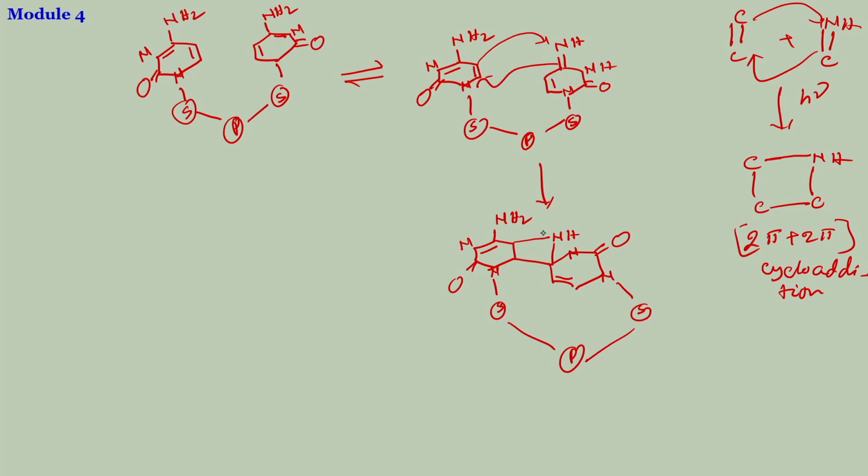All right, this should be NH. So, this intermediate for the thymine dimer, we have seen that this one was called the oxetane intermediate with the oxygen here, and with the nitrogen here, this is called azetidine intermediate.